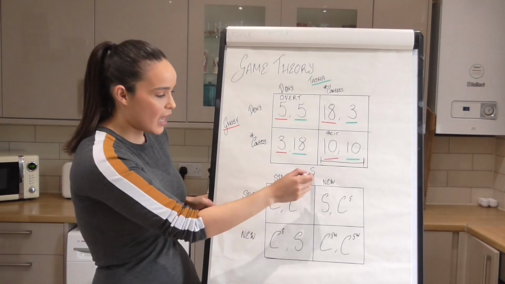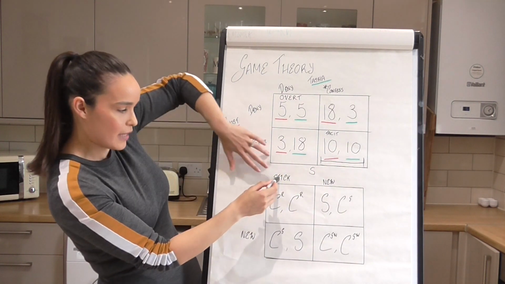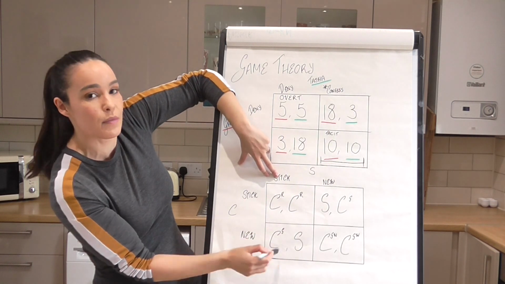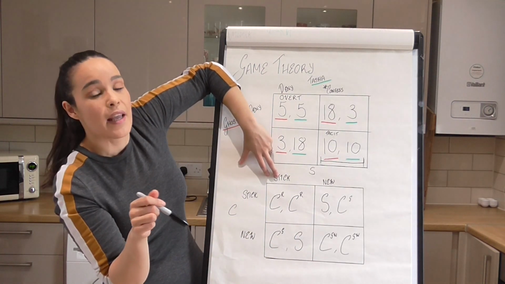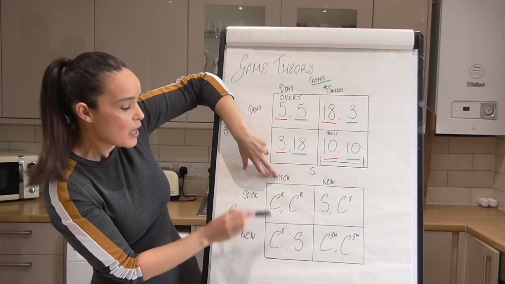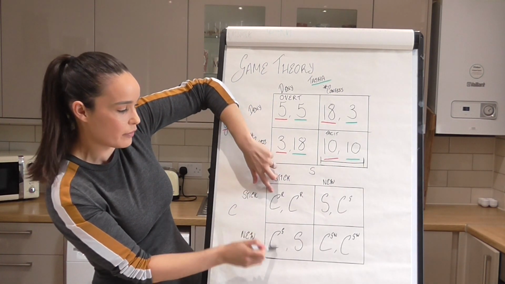If Shauna decides to stick, then Callum has a choice. He can either stick or he's guaranteed. And remember that a guaranteed couple is more desirable than a couple that's a risk, so this is the better payoff for him.